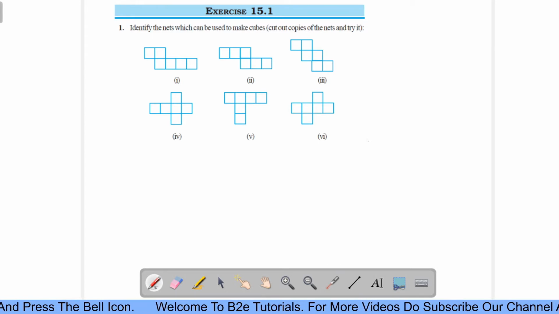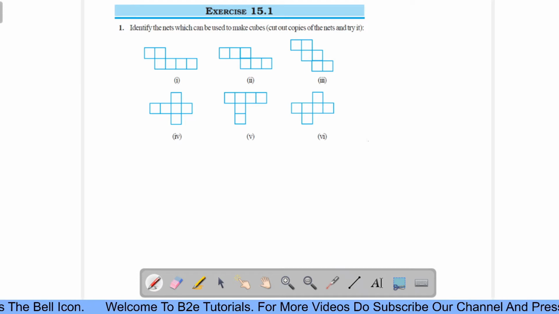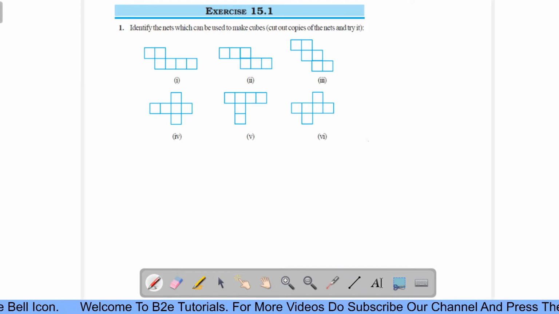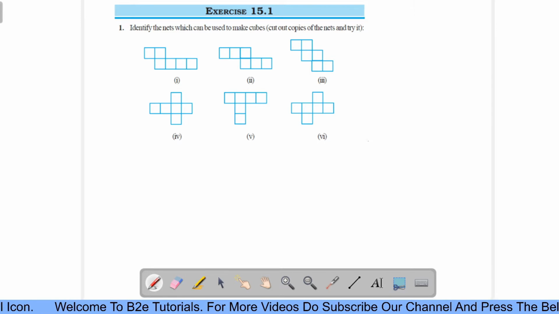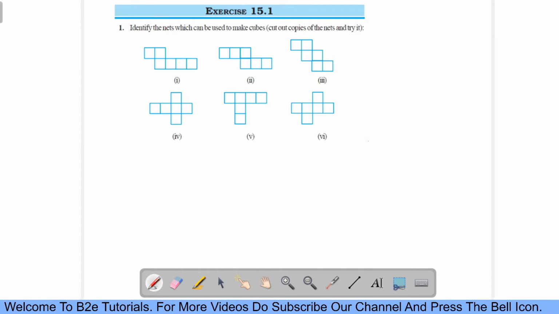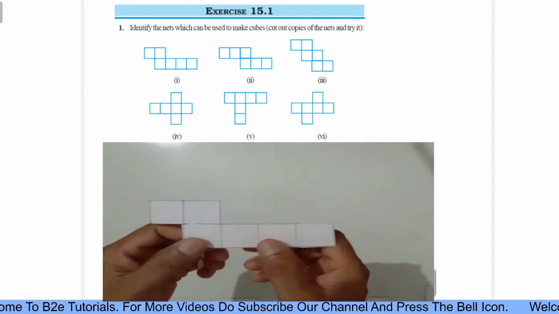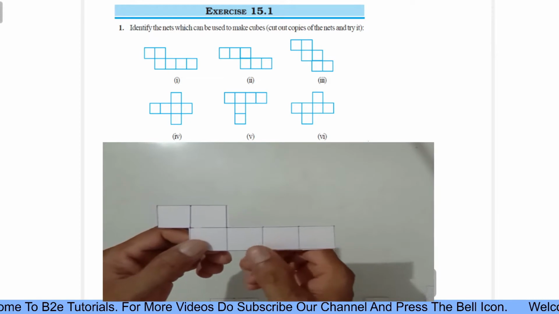Exercise 15.1. Here question number 1. Identify the nets which can be used to make cubes. Cut out copies of the nets and try it. See, this is the net of first part.